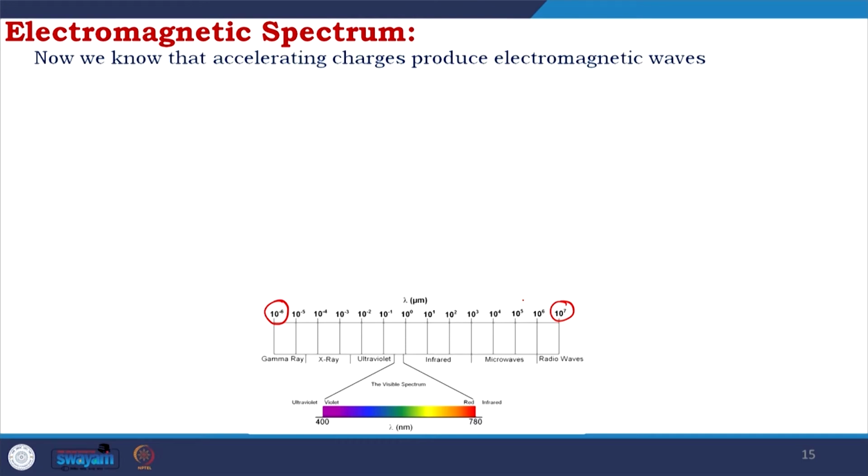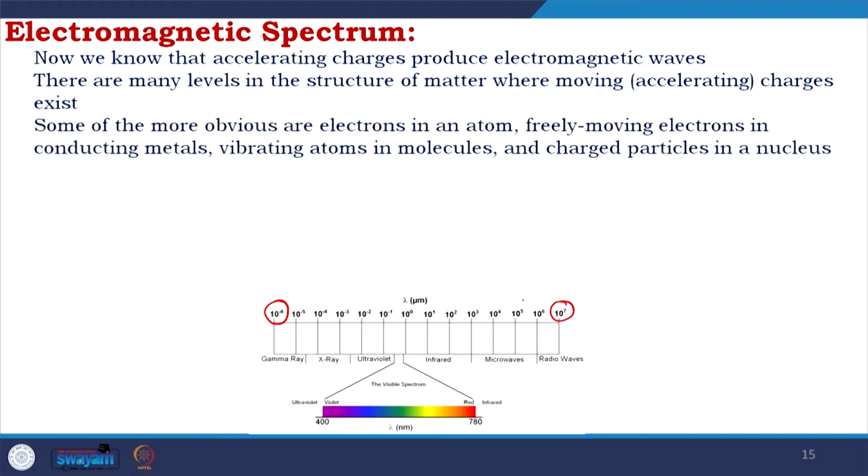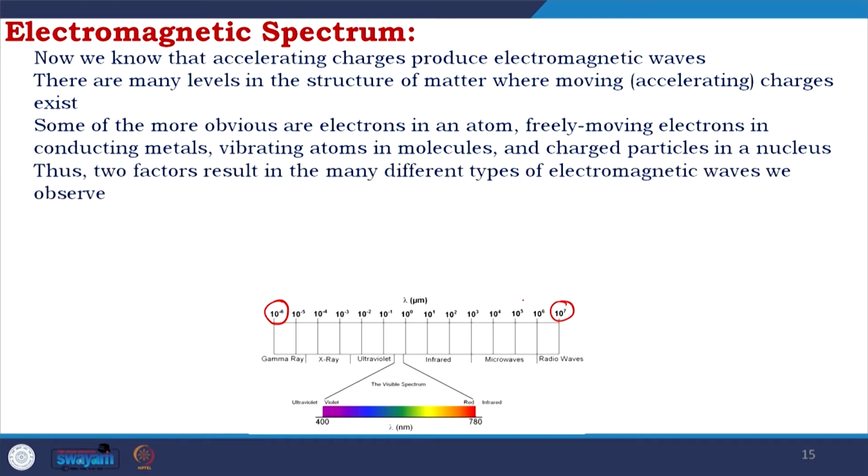So, from our previous knowledge, now we know the accelerating charges produce electromagnetic waves. There are many levels in the structure of matter where moving charges exist. Some of the more obvious are electrons in an atom, freely moving electrons in conducting metals, vibrating atoms in molecules and charged particles in a nucleus.